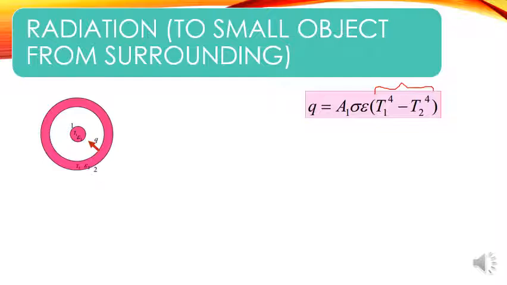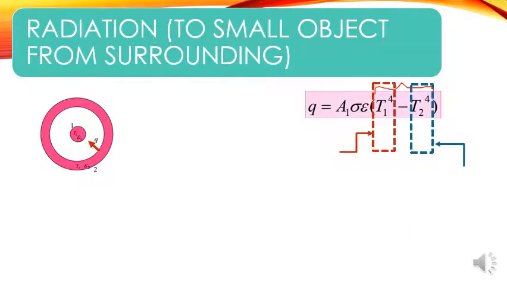In this case, T1 is the temperature of the cake at the beginning, and T2 is the temperature of the surrounding, the temperature of the oven in this case. Here I highlight it again: T1 is the temperature of a small object, and T2 is the temperature of the surrounding.